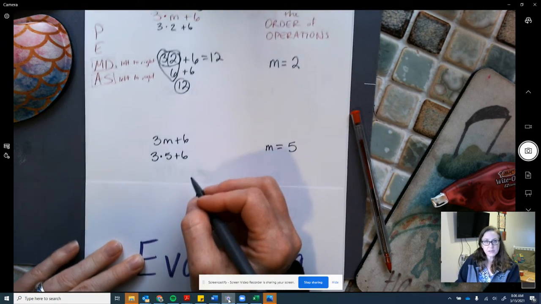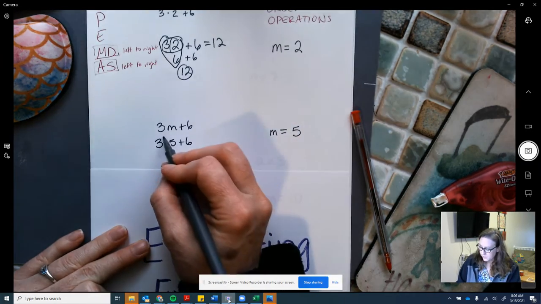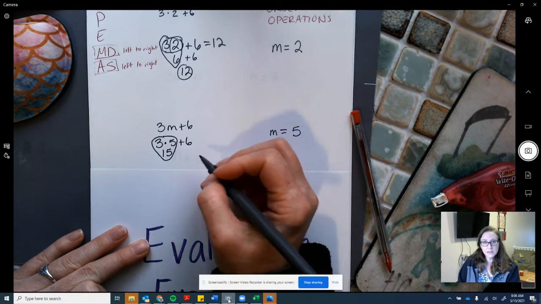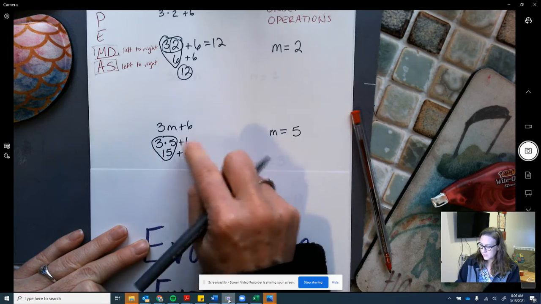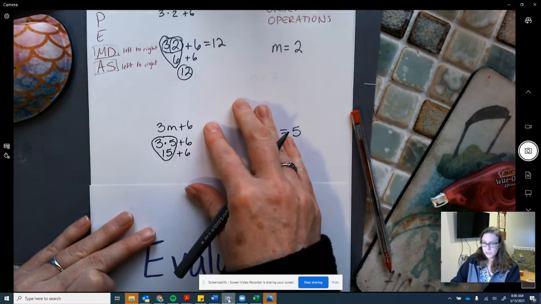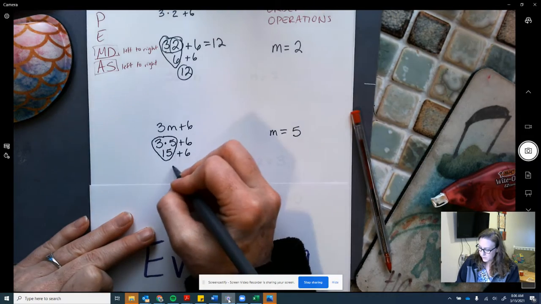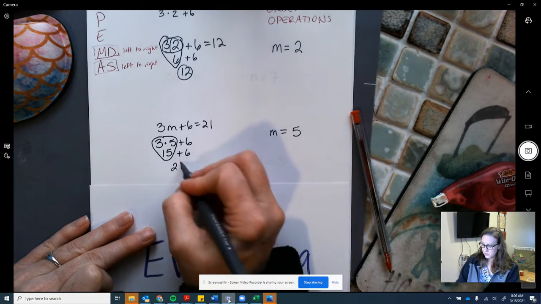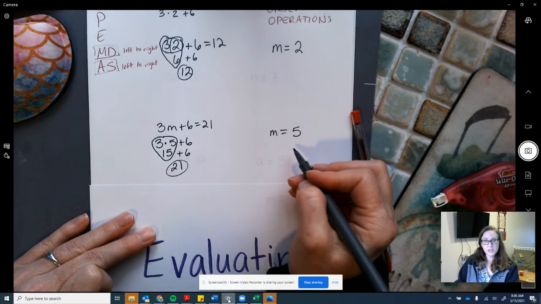Okay, again, I have to follow PEMDAS. The first thing I have to do is the 3 times 5, which is 15. Then I'm going to rewrite the rest of it exactly the way it's written. All I have left is 15 plus 6, so that would be 21. And that's our answer on that one, if m equals 5.